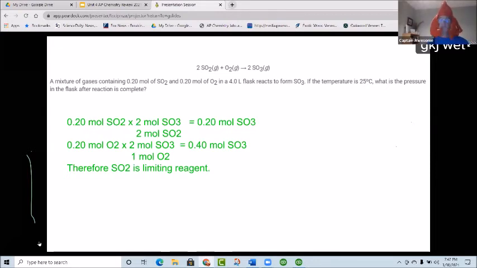So I took my 0.2 moles of SO2 and I took my 0.2 moles of O2 and I found out how many moles of SO3 each number would make. And then I know that the smaller answer, the 0.2 moles of SO3, is my limiting reactant. Therefore, the SO2, the thing that decides how much product gets made, is my limiting reactant. So that means my O2 is going to be my excess reactant.